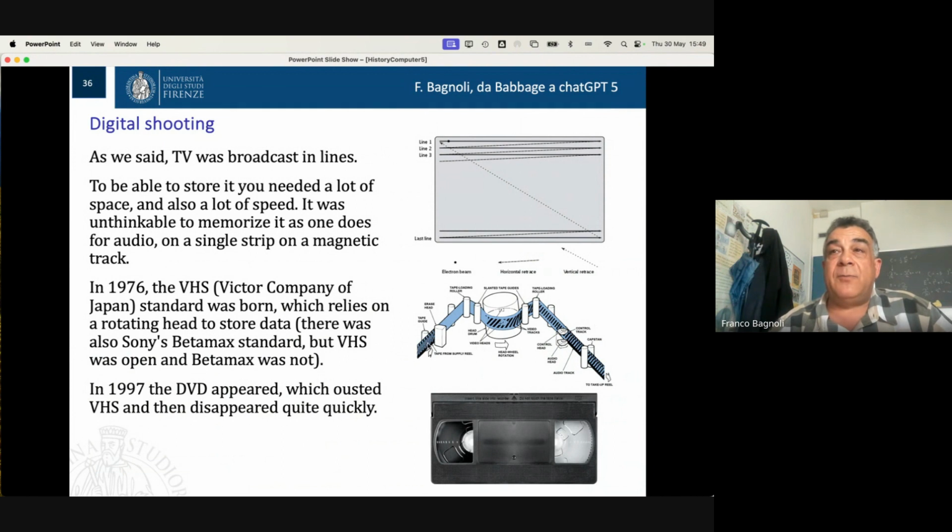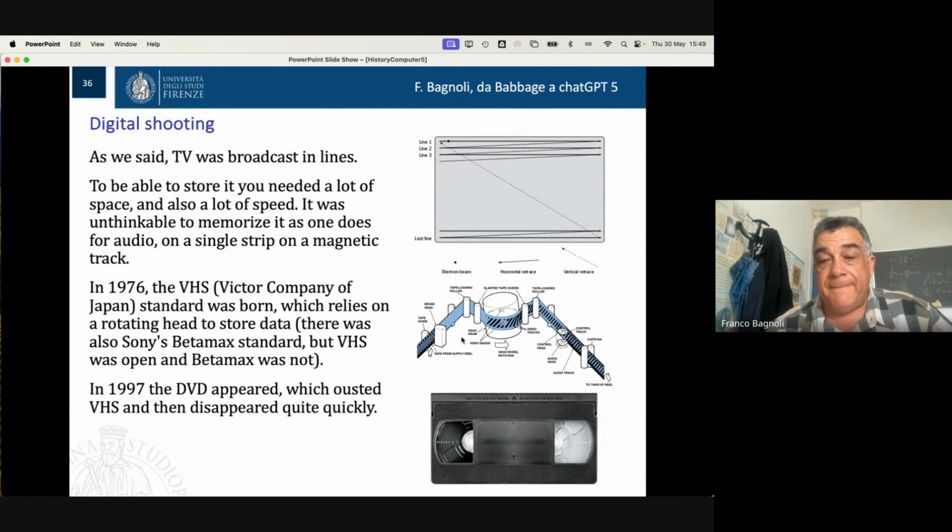But differently from music, there was too much information in a television screen, which was drawn line by line, to have a tape which could turn fast enough to stay at the same speed as the electronic beam on the screen.